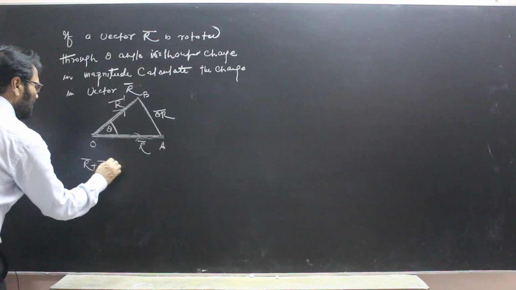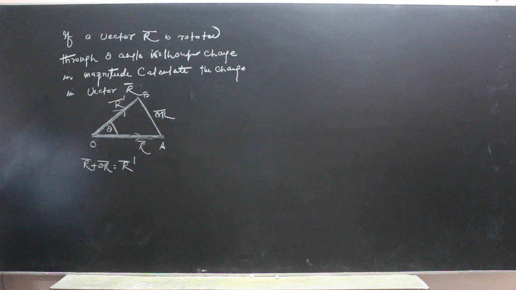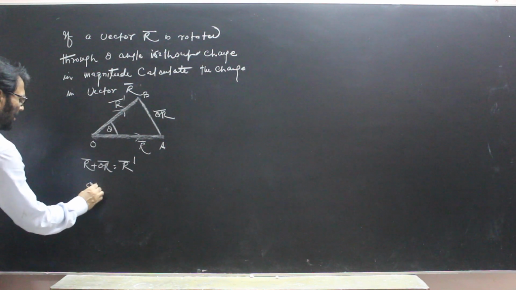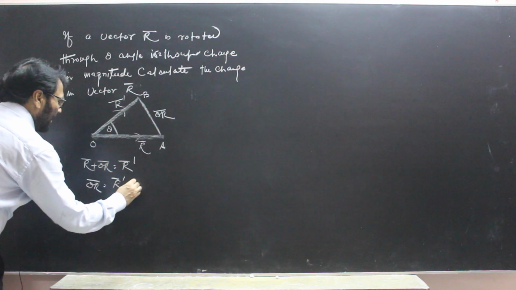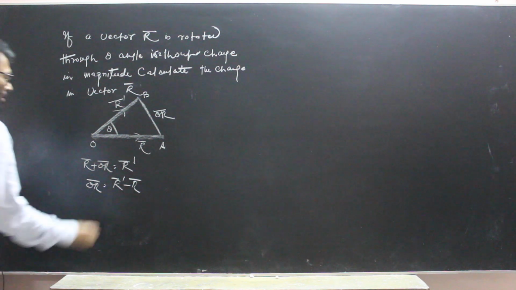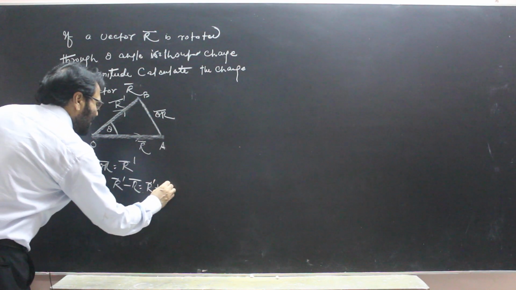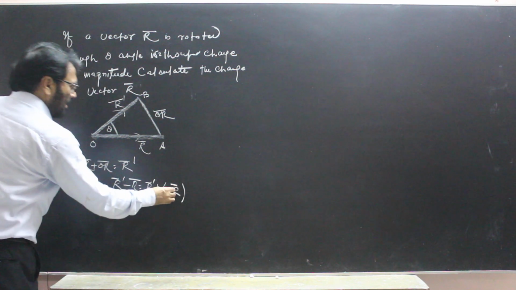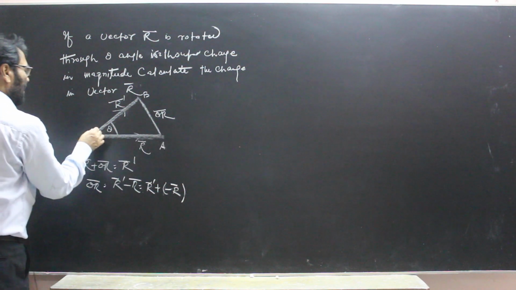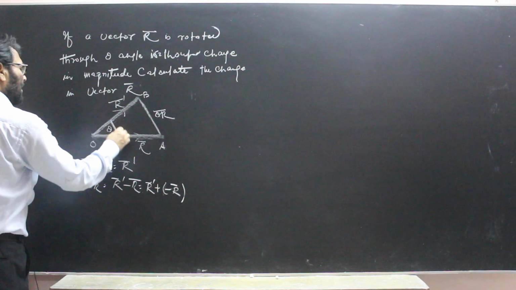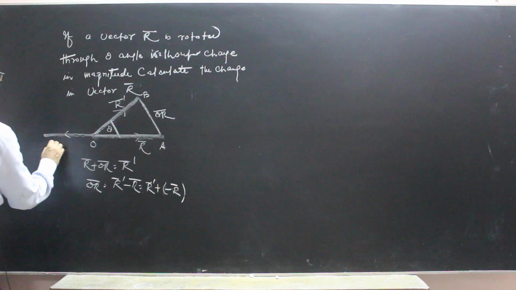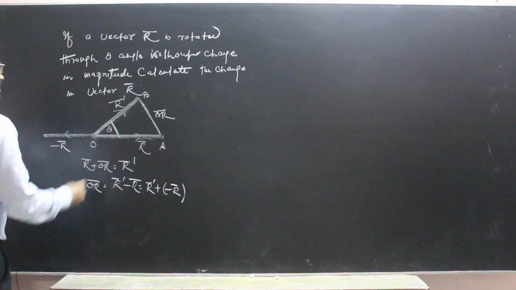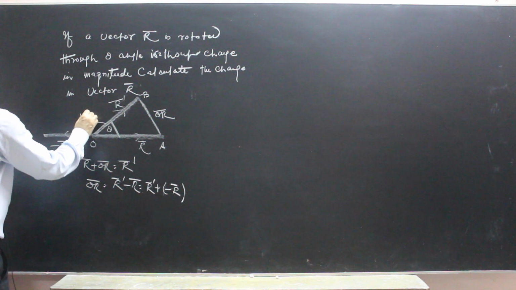So delta R is R dash minus R, or delta R is R dash plus minus R. This is R and this is minus R. If the angle between R and R dash is theta, the angle between R dash and minus R is of course 180 minus theta.